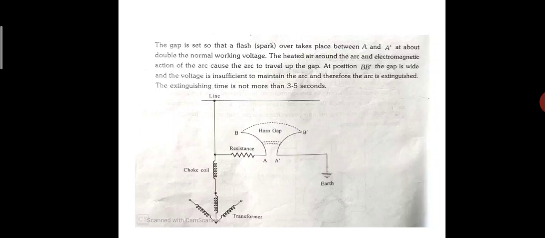A to A dash is at normal working voltage range, and the B to B dash iron gap is wide, so the voltage is insufficient to maintain the arc. It is not more than 3 to 5 seconds. So one line is connected to earth at A dash.